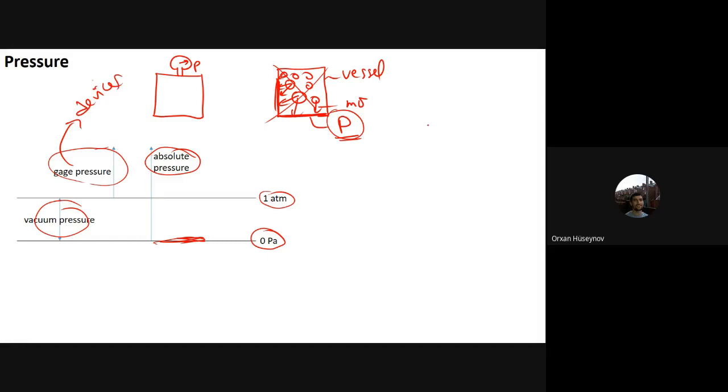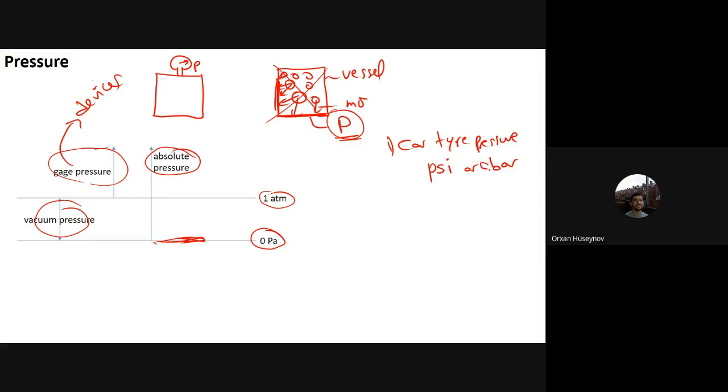I can give you an example for gauge pressure. If you have a car, the car tire pressure can be in SI unit, or it can be non-SI unit. It can be PSI, or it can be kilopascals or bar. Whatever pressure is inside your car tire, it is not the absolute pressure, it is relative pressure with respect to atmospheric pressure.